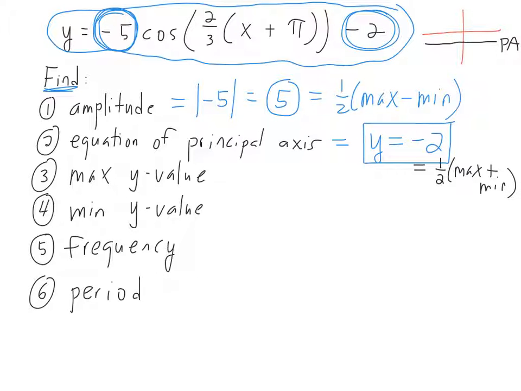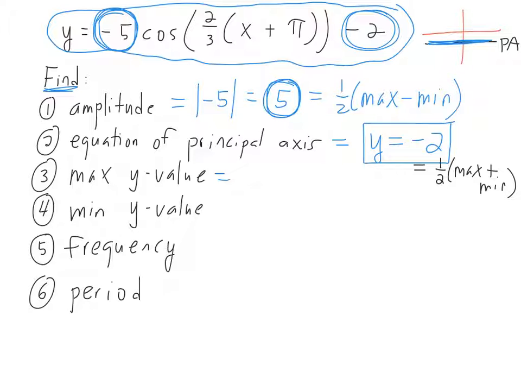Well, what is the actual max and min? Keep in mind that we know the amplitude is 5. And if the principal axis line is -2, then remember we said the amplitude is that vertical distance from this axis line up to the max and down to the min.